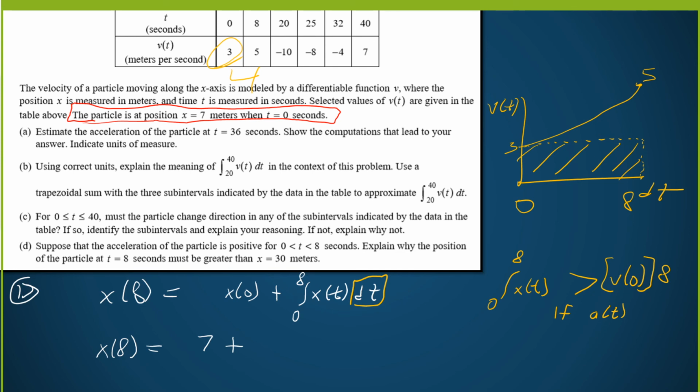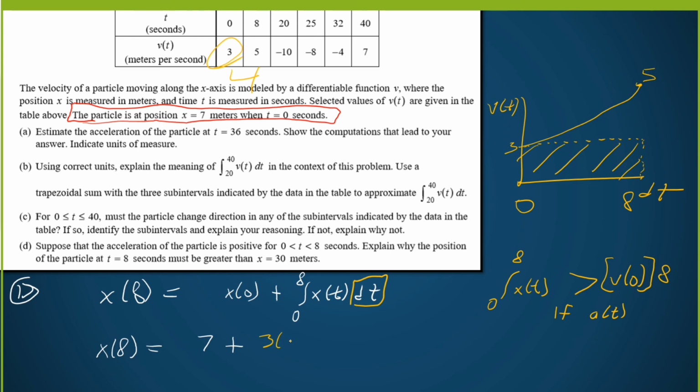If the acceleration is positive, my velocity needs to keep increasing on the interval. If my velocity was already 3, then it always has to be greater than 3. So the least that this can possibly be is something super close to 24, like increasing really, really small, 3.000-something all the way through.